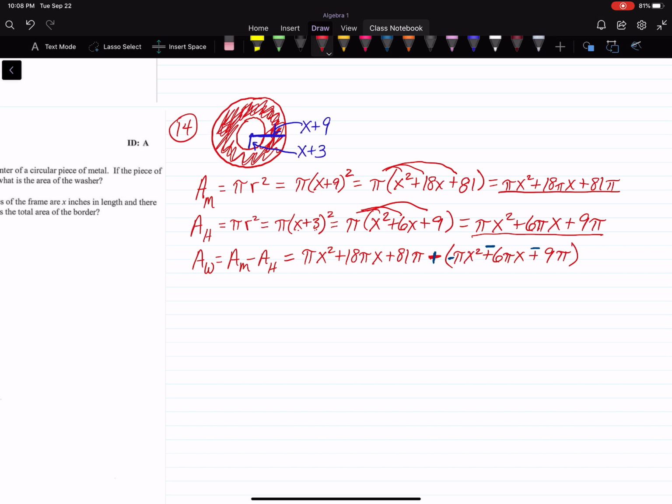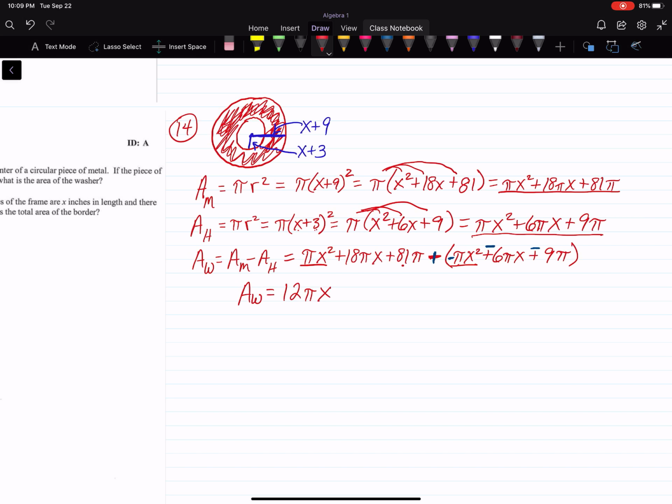So for my final answer, the area of the washer is going to be, let's see here, pi x squared minus pi x squared, those cancel. And 18 pi x minus 6 pi x is 12 pi x.